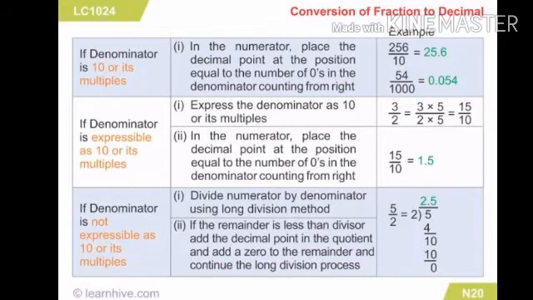Obtain the fraction or convert it into an equivalent fraction with denominator 10, 100 or 1000, etc. Write the numerator and mark the decimal point after as many places from the right as there are zeros after 1 in the denominator. So this is how we can convert a fraction into decimal.